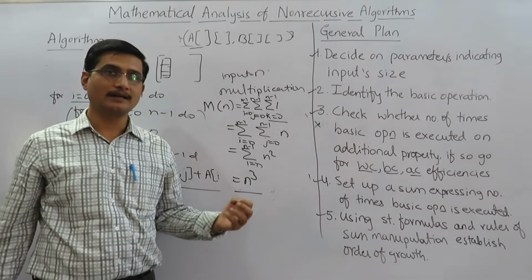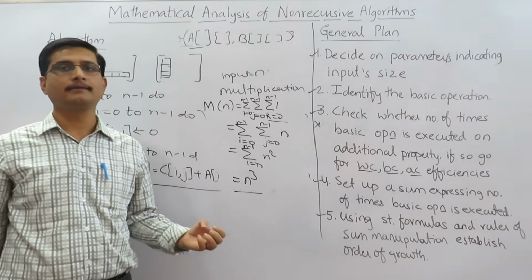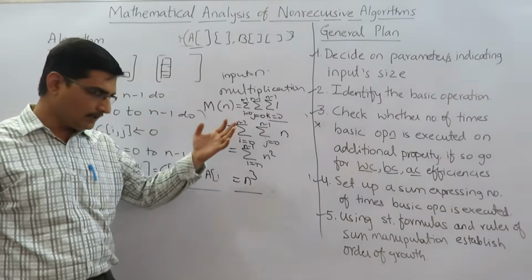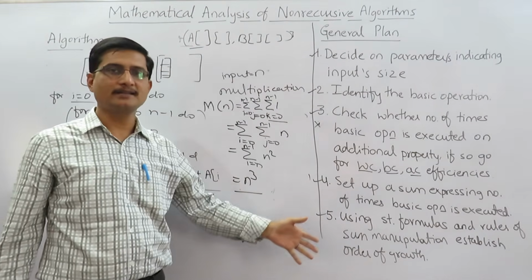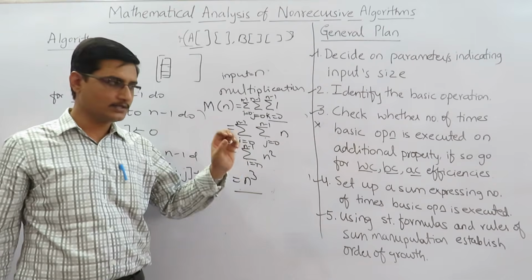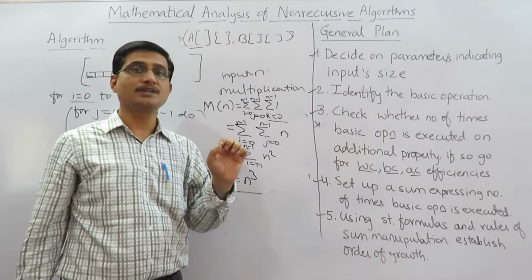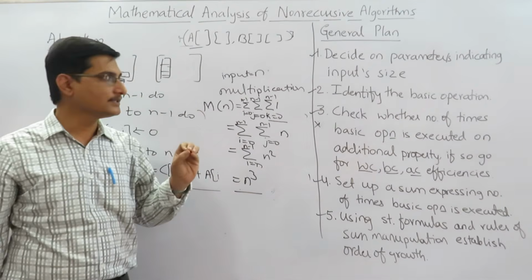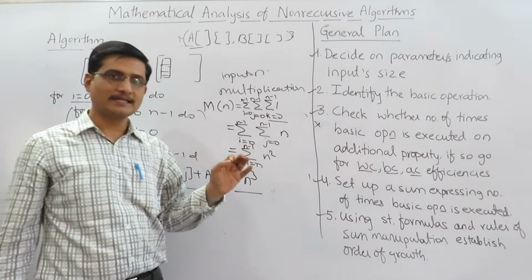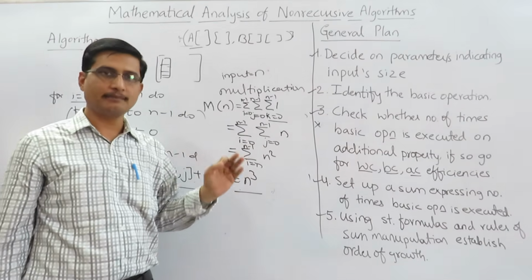This is how we can do mathematical analysis of a non-recursive algorithm. The only thing is you need to apply these steps to the algorithm. Once you write the algorithm, find the size of the input, which is the parameter that indicates the size of the input. Second step is to identify the basic operation.